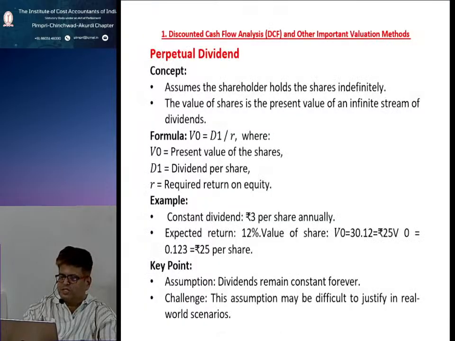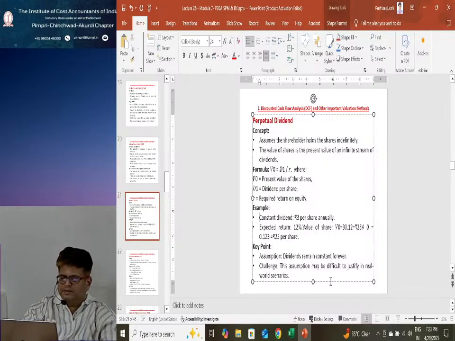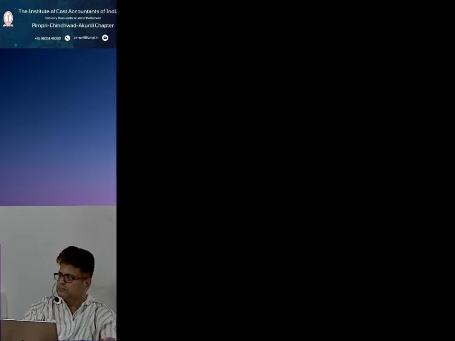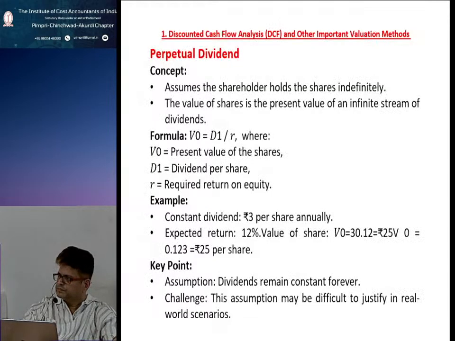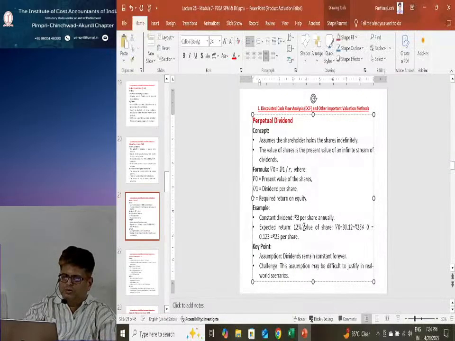For example, constant dividend, let's say, is ₹3 per share annually. Expected return is equal to 12%, and the value of shares is V0.